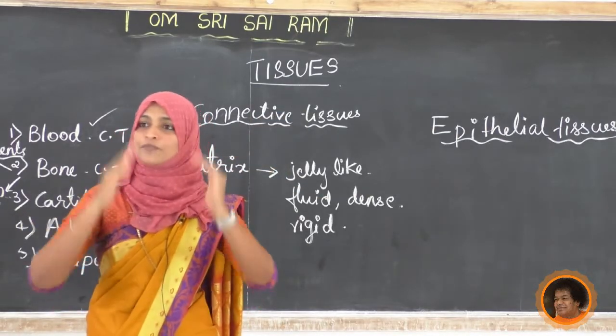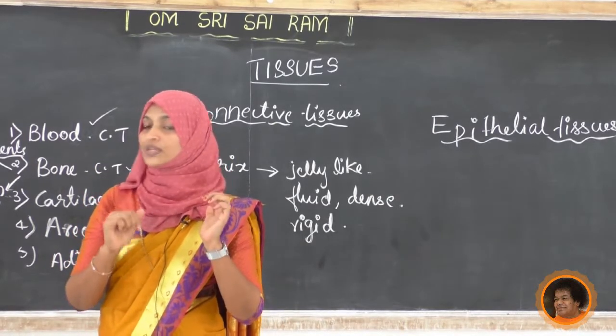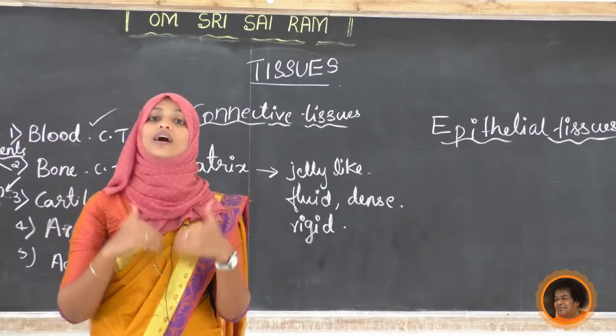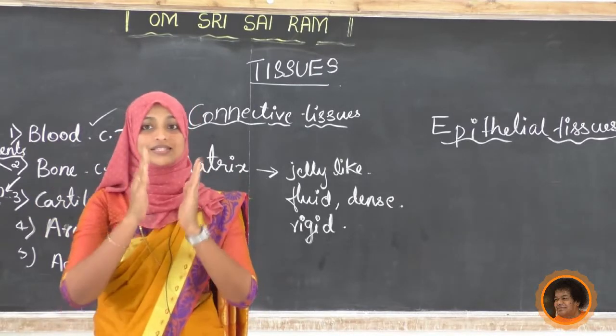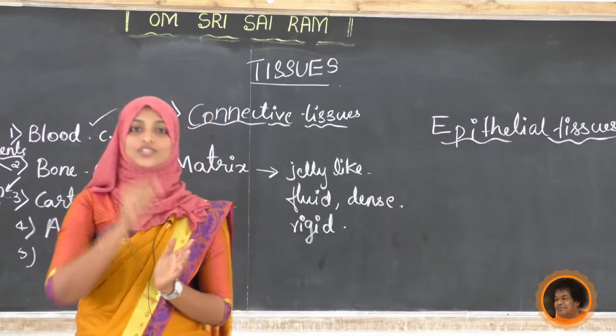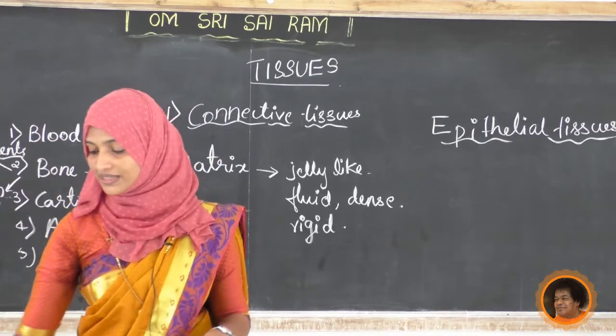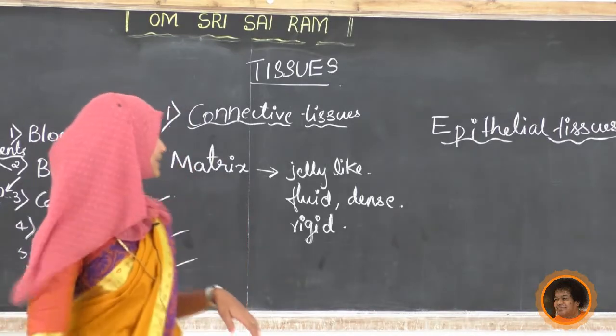Same as that, we can see the epithelial tissues in our body. Okay, so that is arranged in patterns of layers. Such epithelial tissues are called stratified epithelial tissues. I will write here.